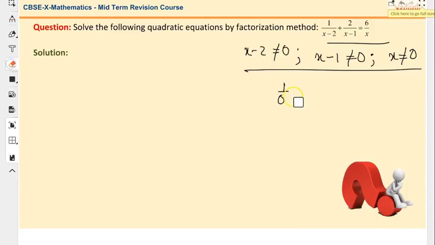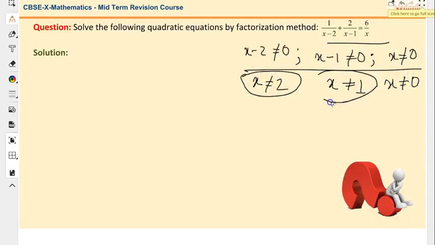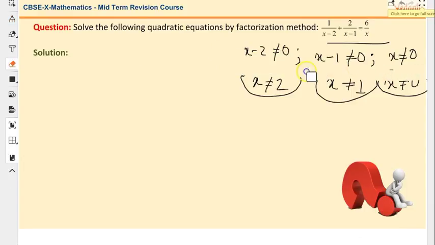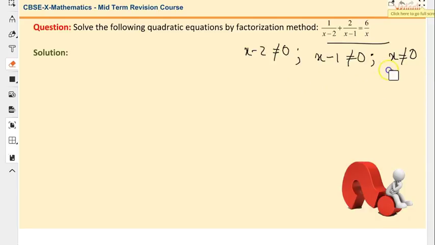So x should never be equal to 2, or 1, or 0. If I do this, I'll get something which is indefinite. Hope you understood this part, which is not there in the question for now, but definitely it will be there in your standard questions. Even if it is not there, you have to take it for your understanding.